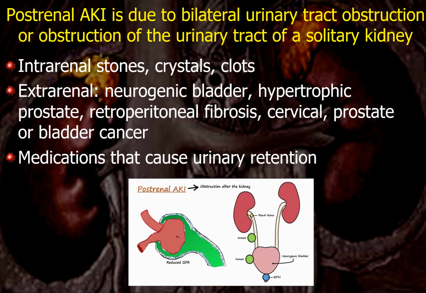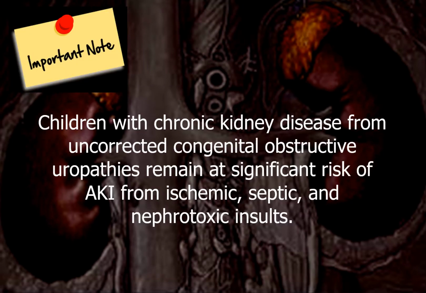There are also medications that cause urinary retention, causing post-renal AKI. Please note that children with chronic kidney disease from uncorrected congenital obstructive uropathies remain at significant risk of AKI from ischemic, septic, and nephrotoxic insults.